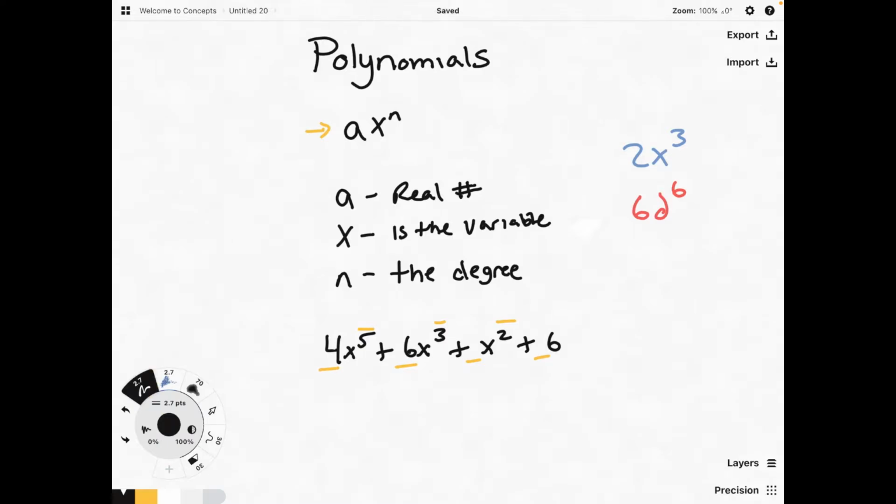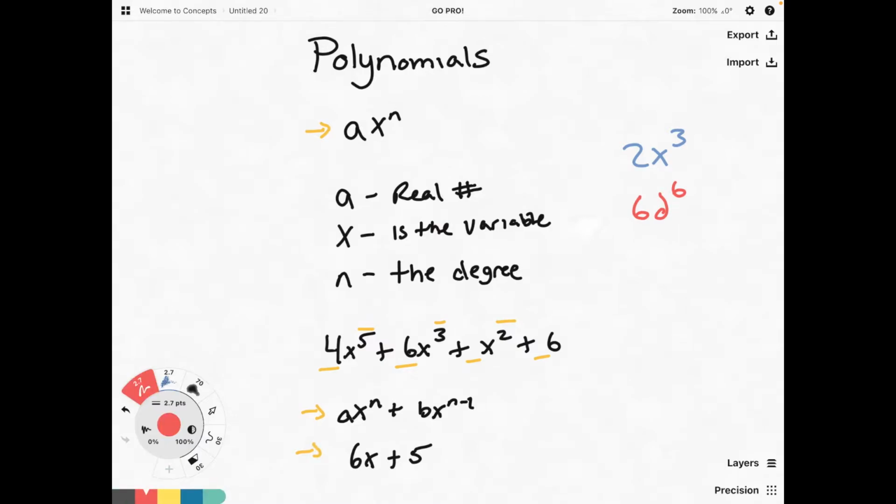A binomial is typically written ax to the n plus bx to the n minus 1. An example of this would be maybe 6x plus 5. If we have 6x plus 5, then we can rewrite this expression in terms of this and simplify.